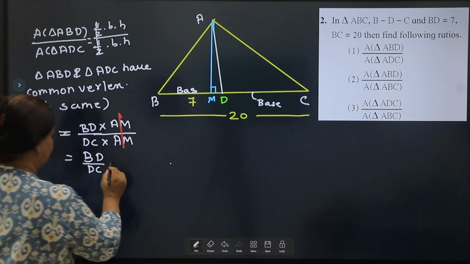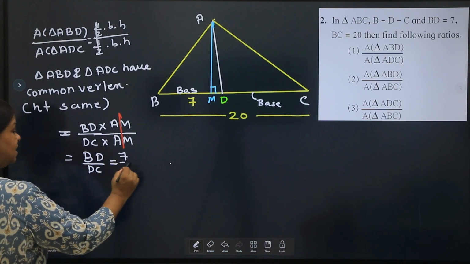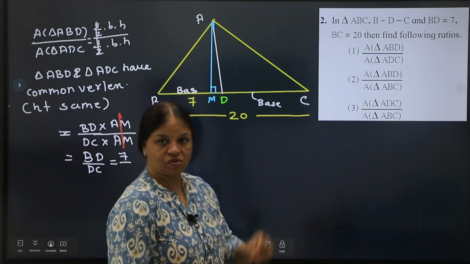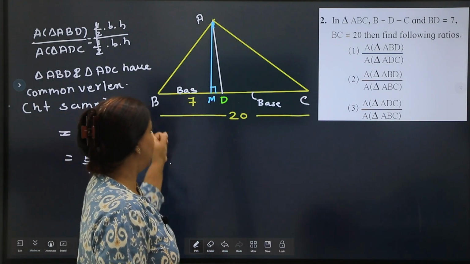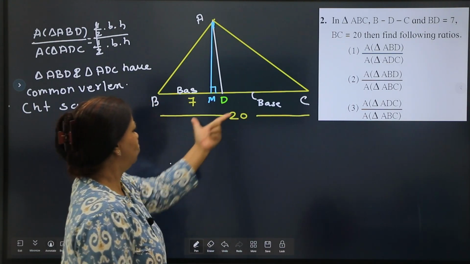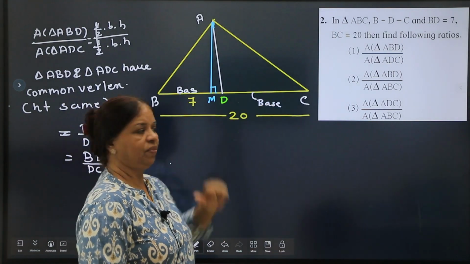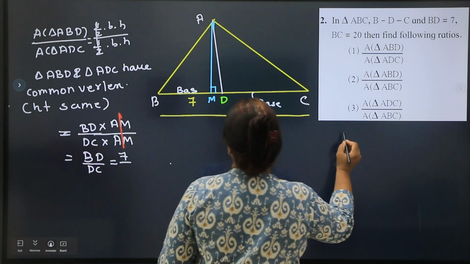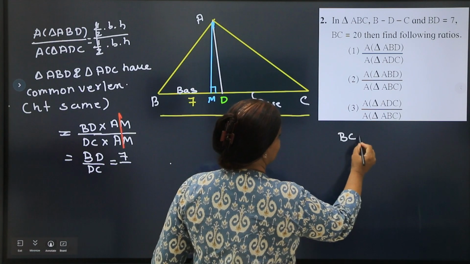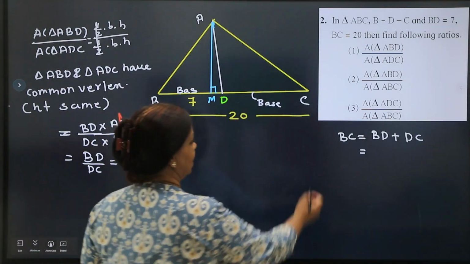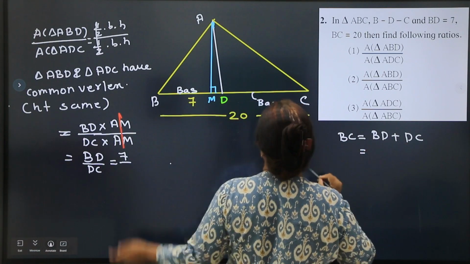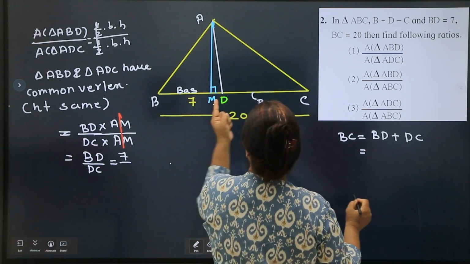Now how much is BD? 7. But DC we don't know. But one piece of information is given here: BD is 7 and BC is 20. So we can find out DC easily. BC is equal to BD plus DC.